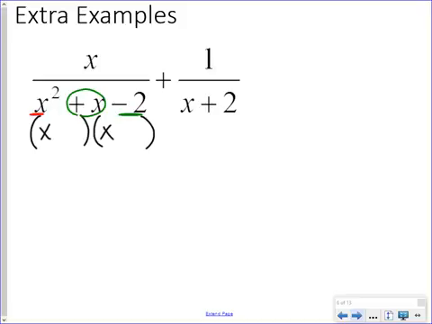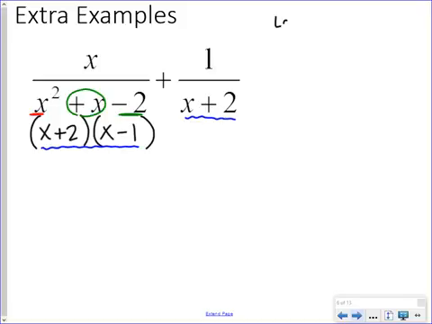If I use positive 2 and negative 1, so plus 2 and minus 1, this would be the factored form for x squared plus x minus 2. Now if I compare the denominators, x plus 2, x minus 1, and x plus 2, I can see that they share something in common.